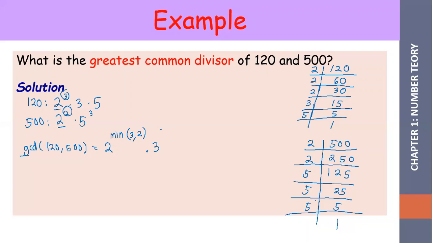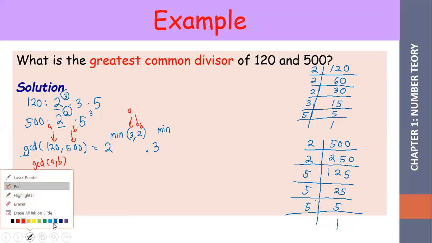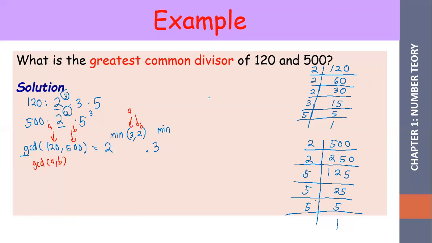Here is A, here is B, because we have GCD of A, B, so here is the power for A, here is the power for B. For 3, power of 1 here.